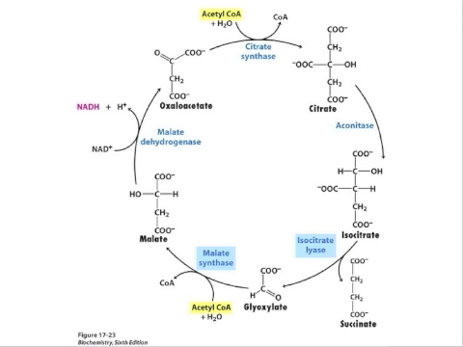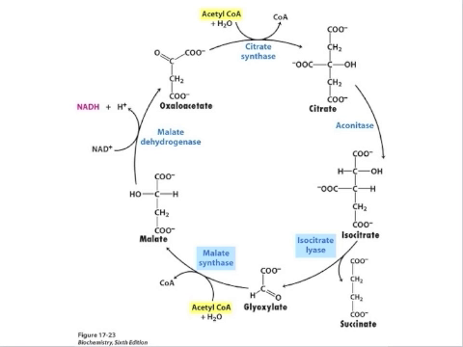Now, succinate, as you'll recall, is a 4-carbon molecule. Glyoxylate is a 2-carbon molecule. The succinate that's generated can go on to make glucose. And so, in plants and in yeast, we can use acetyl-CoA to form succinate, which can then form glucose.